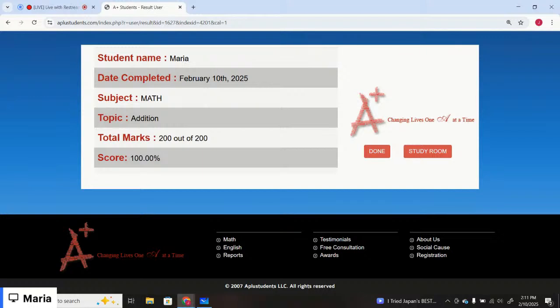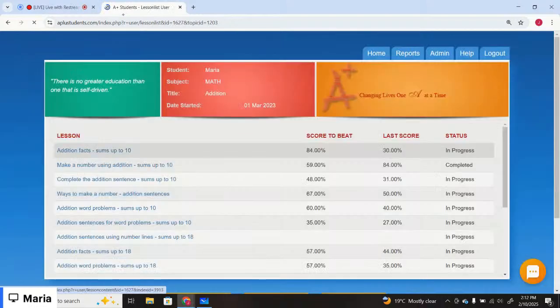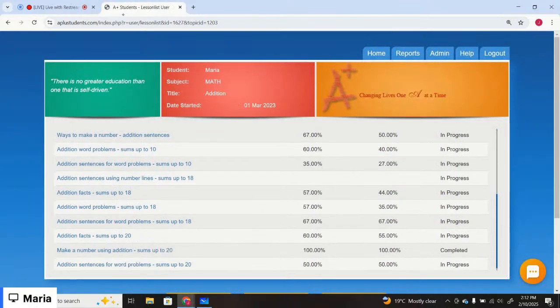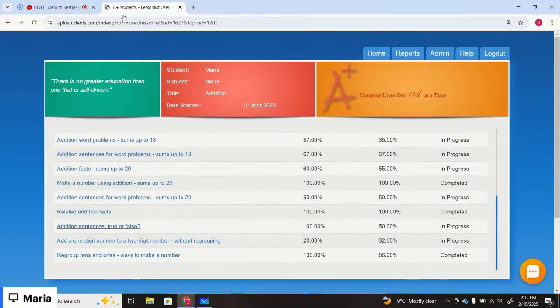Okay, we are done with the lesson. Let's just move on to the next lesson. The next lesson is addition sentences true or false.